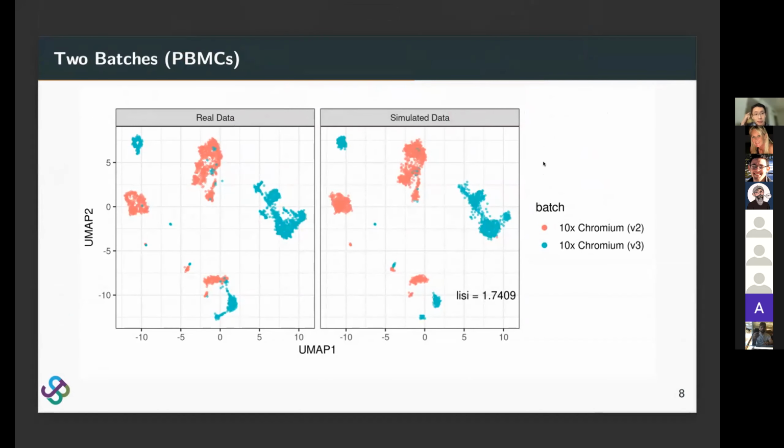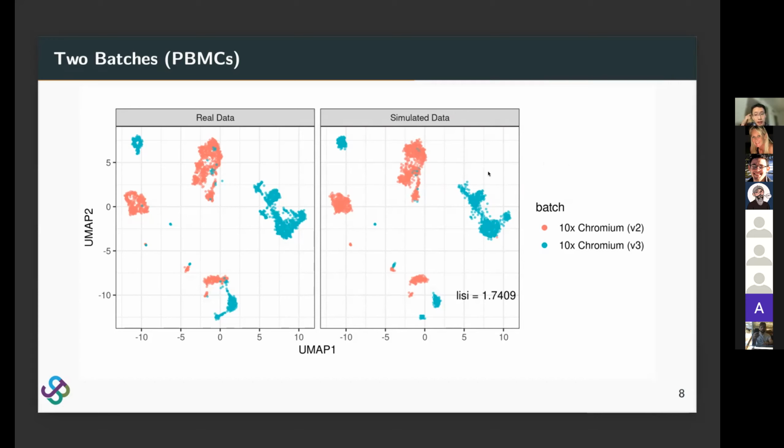In the next example, we try to show the results of two different batches of the same biological samples. This is PBMC cells, measured by two different 10x technologies. I think they are 10x version 2 and version 3.